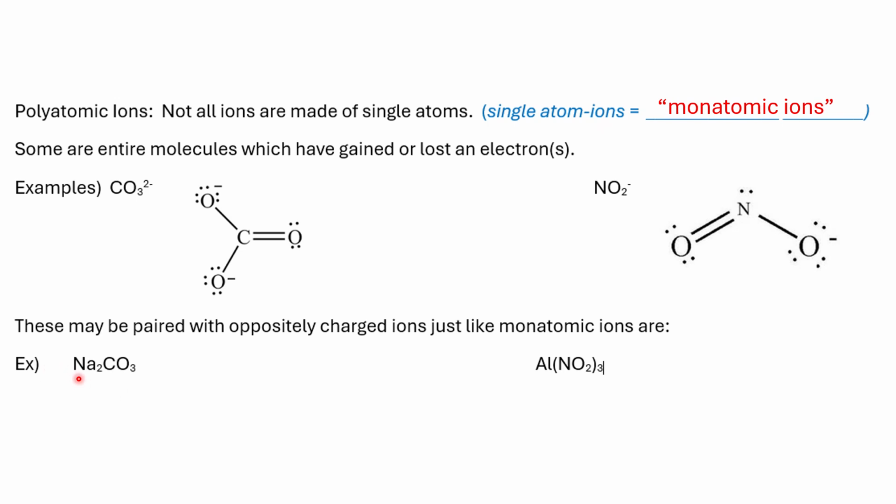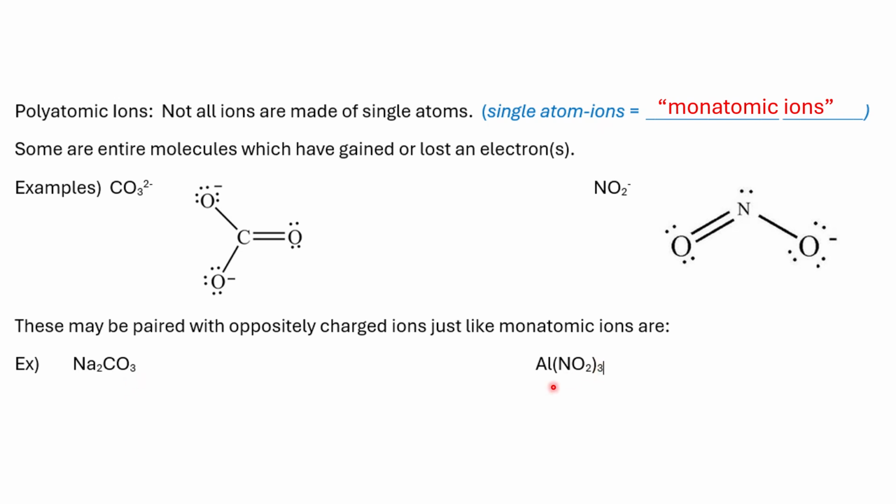So that's how it became -2 in the first place, by gaining a couple of electrons from a couple of sodium ions. So this formula looks like it contains, I mean, you can think of it as containing 2 sodium atoms, 1 carbon atom, and 4 oxygen atoms. But for our purposes, it's going to be more useful to think of this as 3 ions. In other words, 2 Na+ ions and 1 CO3 2- ion.